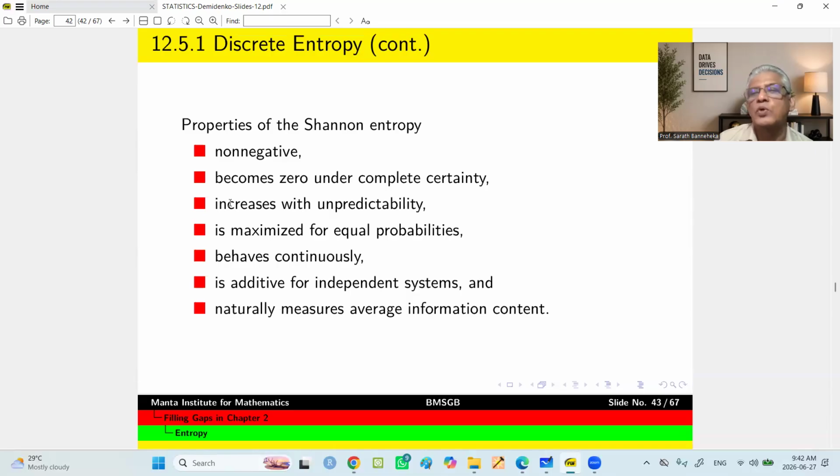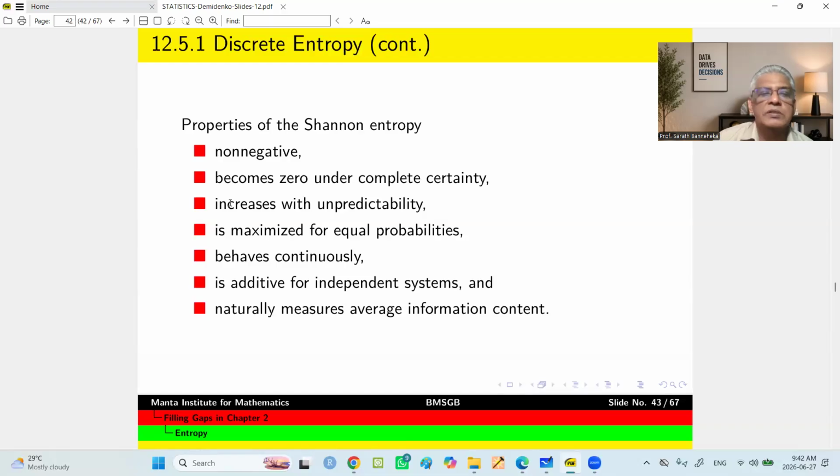For example, if all the observations are in only one category, then pi is equal to 100%, or 1, because pi is a probability. So in that case, log p is equal to 0, therefore the entropy becomes 0.